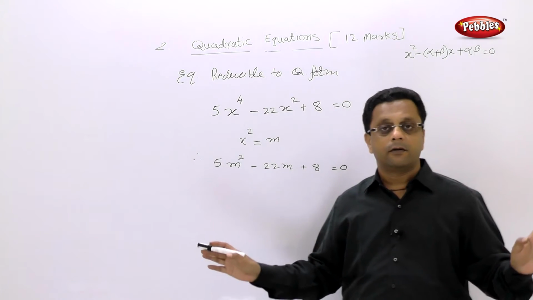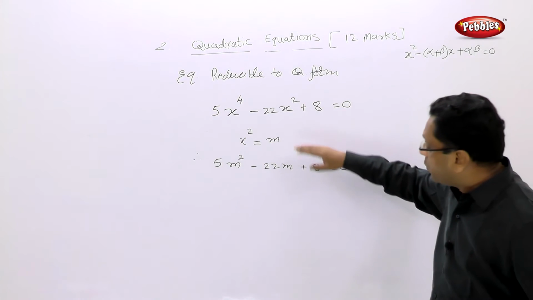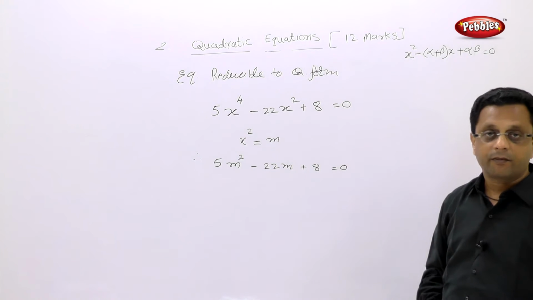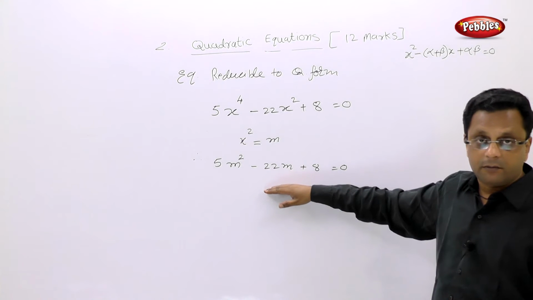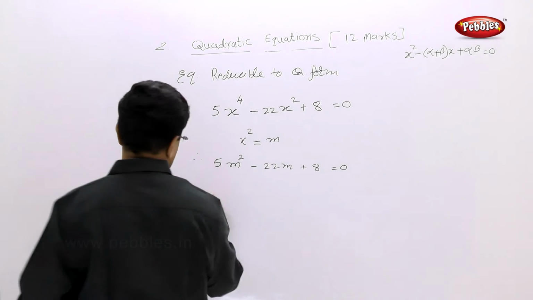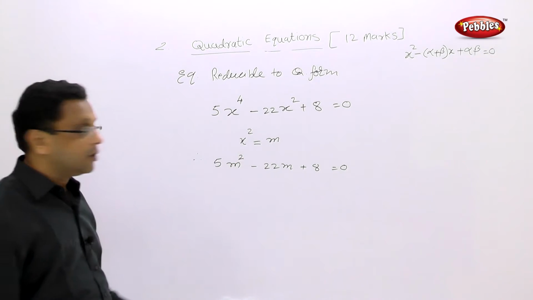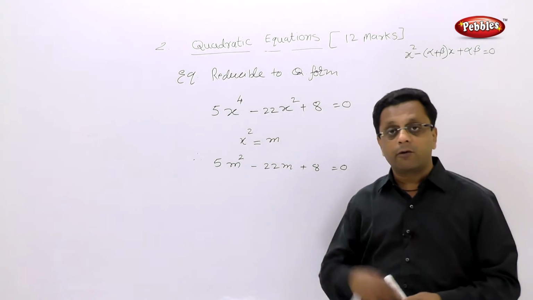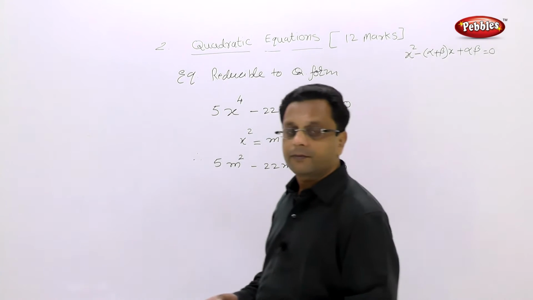They don't carry forward. m is just an intermediate step. The last step must be to substitute m and find the value of x. In general, a quadratic equation has 2 roots, but here you will get 4 roots.